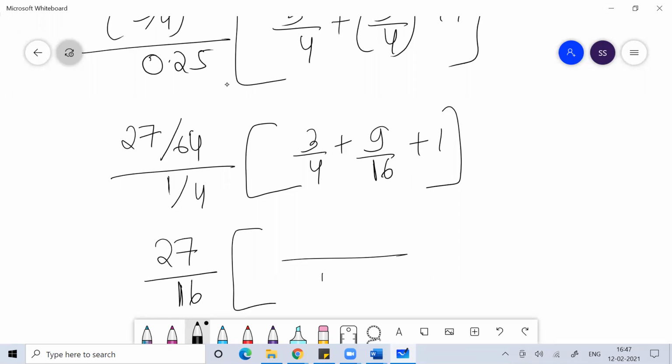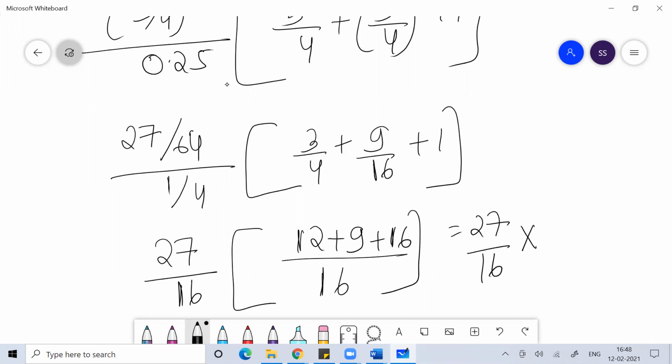If I take LCM 16, then 12 plus 9 plus 16. 12 plus 9 is 21, plus 16 is 37 by 16.